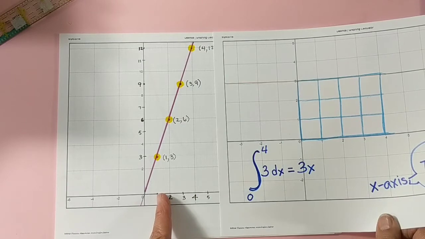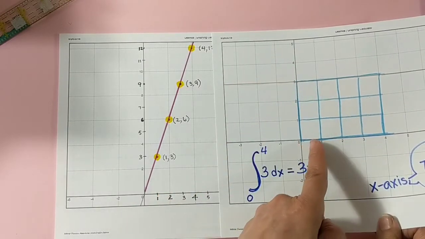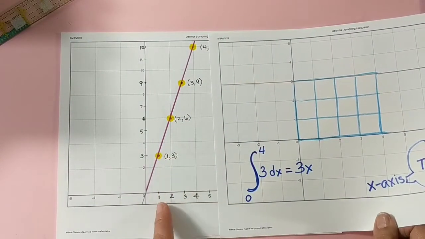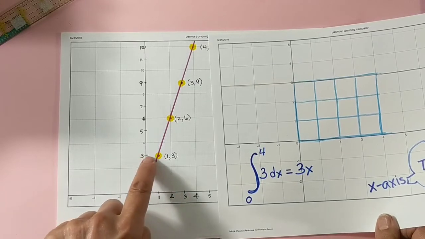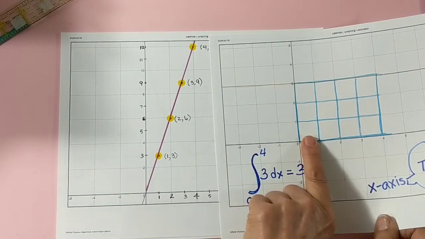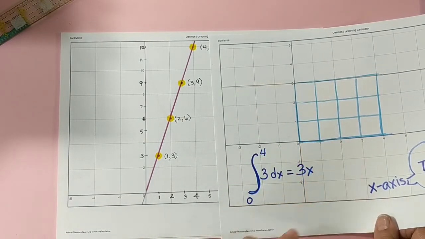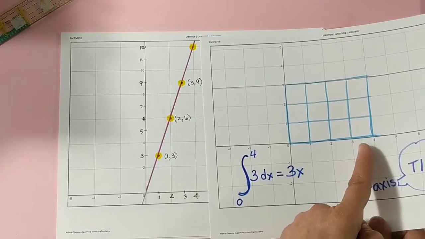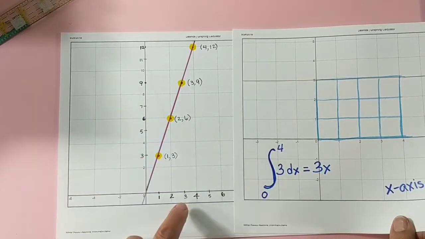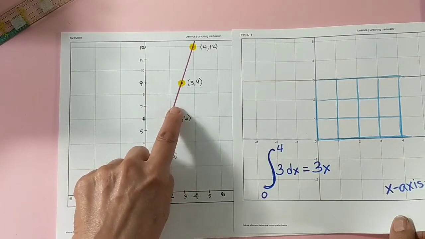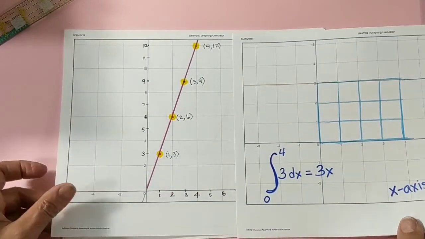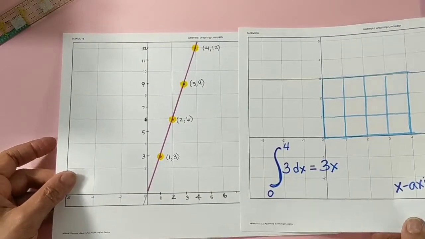How much is accumulated after 1 hour? Let's say you're walking for 1 hour and these are miles. You can look on here, and where the 1 meets the line, you get a 3, and it tells you that there's 3 squares here. And you do that for each one. No matter where you end up on the intersection of this line, you can talk about how much time has passed and how much is accumulated there. I think that's amazing.